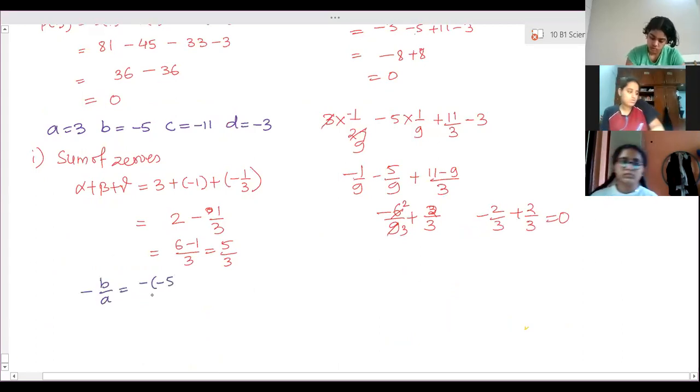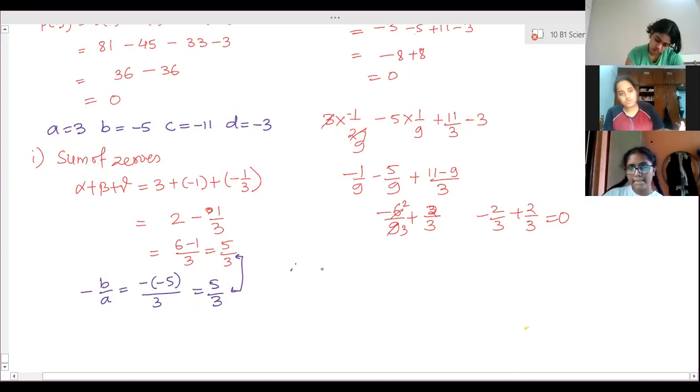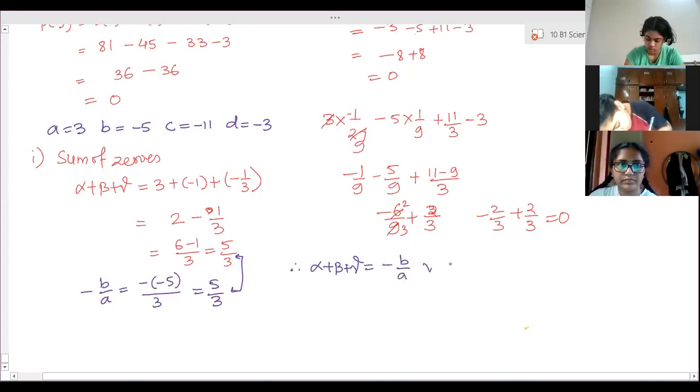Minus of minus 5 by 3, that is 5 by 3. Both are equal. Therefore alpha plus beta plus gamma equal to minus b by a is verified. Clear? Ma'am, there is no need to check again, right?